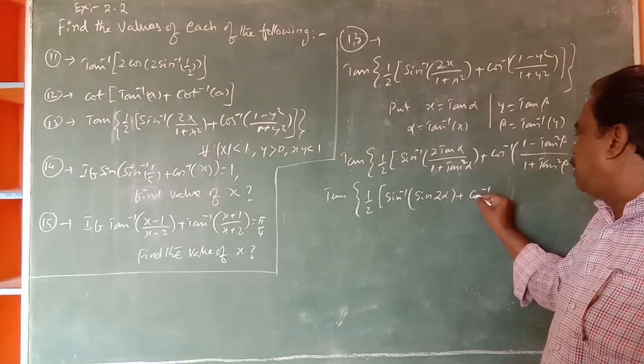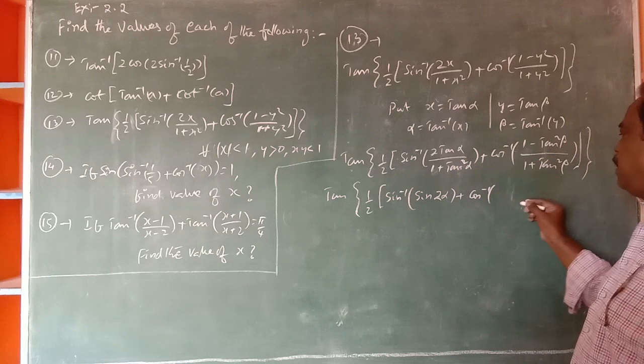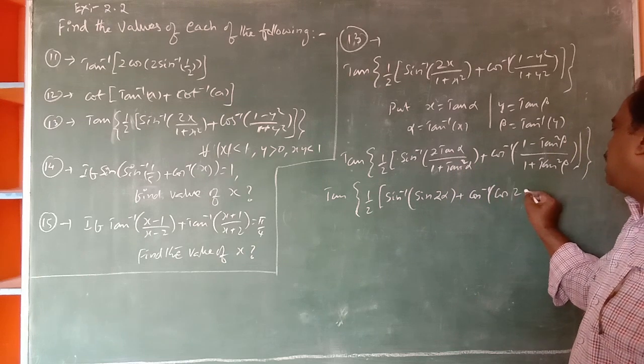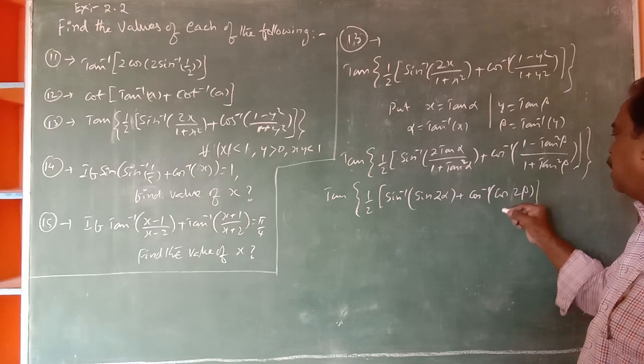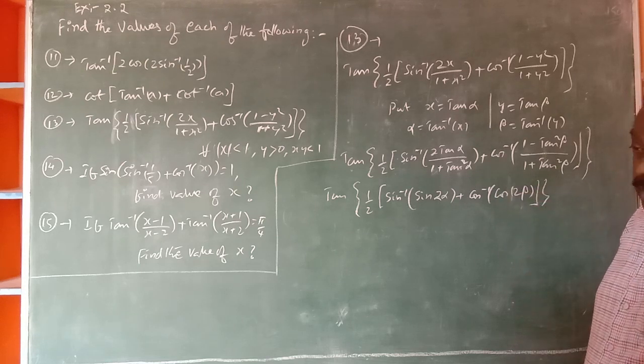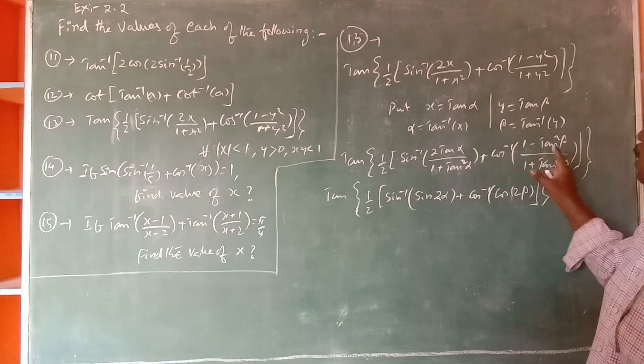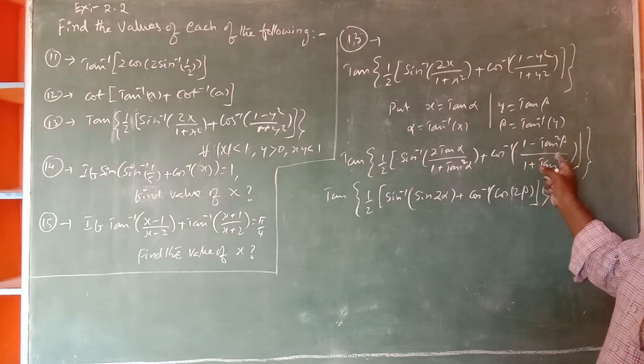Cos inverse of (1 minus tan square beta) by (1 plus tan square beta) is cos 2 beta. Cos 2 beta means cos square beta minus sin square beta, 2 cos square beta minus 1, 1 minus 2 sin square beta, and this formula is also there in terms of tan.